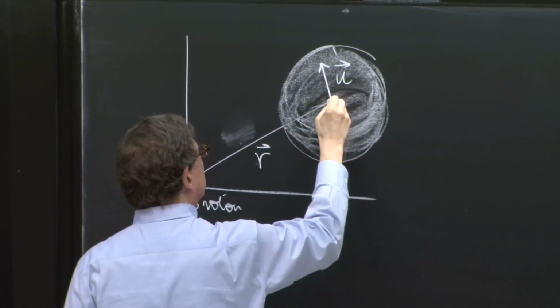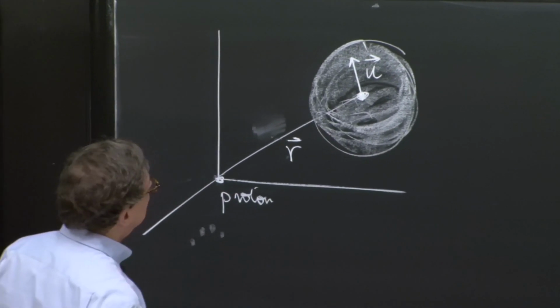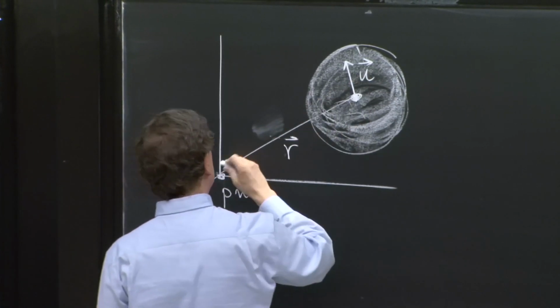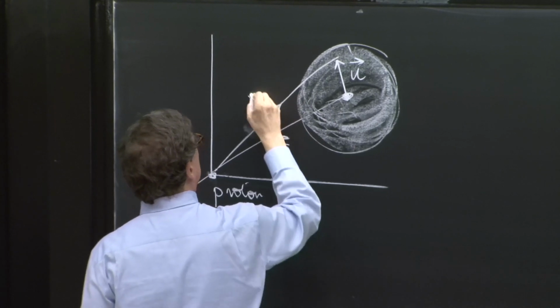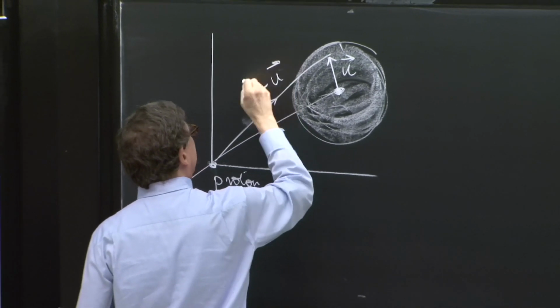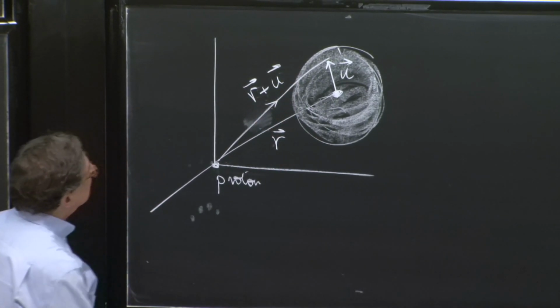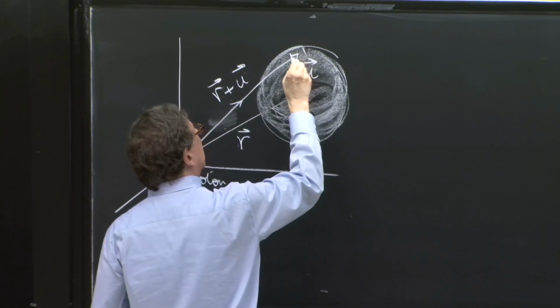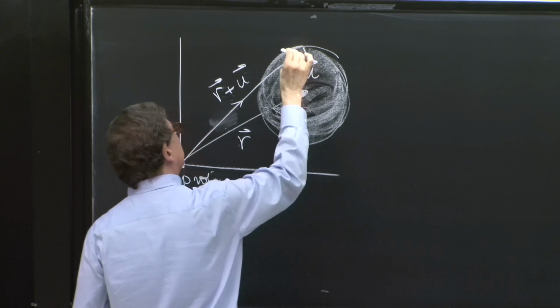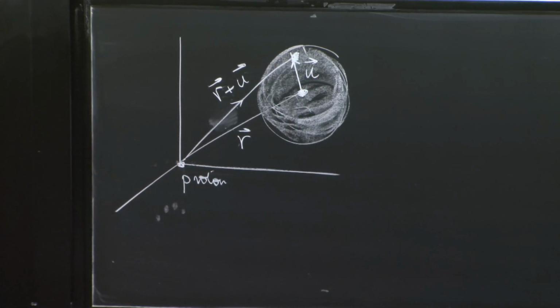So from the origin or center of this charge distribution, we'll put a vector u. And then I have this vector over here, which is r plus u. And this u points to a little bit of charge, a little cube in here, for example.